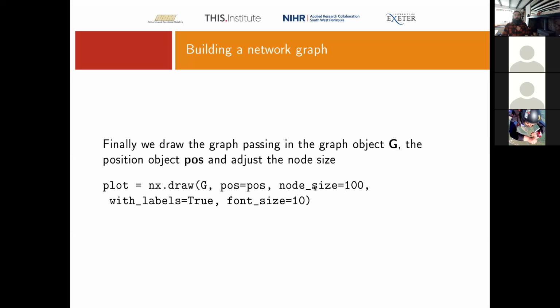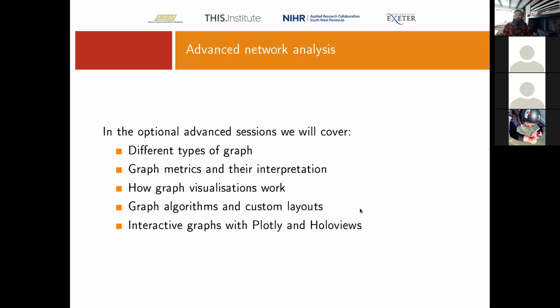And then just a little bit of aesthetics: we are going to change the node size to 100, say with_labels is True, and change the font size of those labels to 10. When you run all of that, you should, hopefully, fingers crossed, get a network graph.